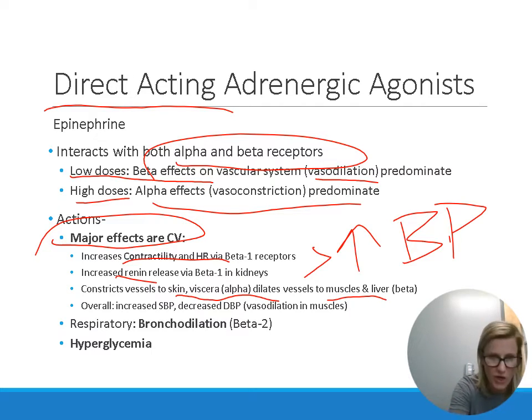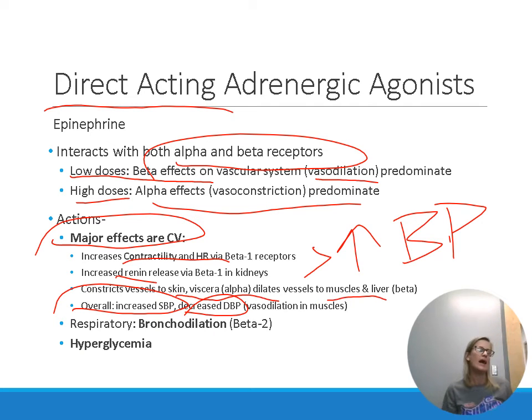Overall, though, what we see cardiovascularly is increases in systolic blood pressure, and then we can see some decreases in diastolic blood pressure. That increase in systolic blood pressure is because of this increased contractility and increased heart rate, so that increased cardiac output.